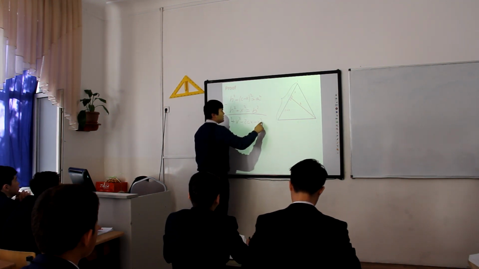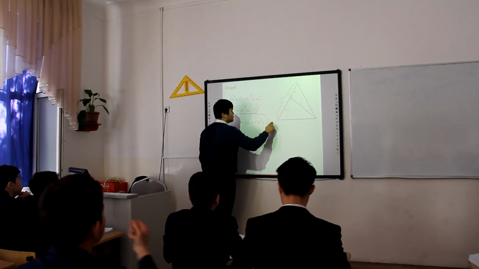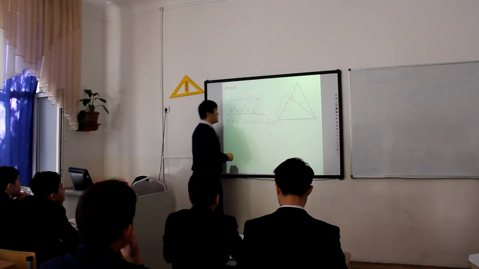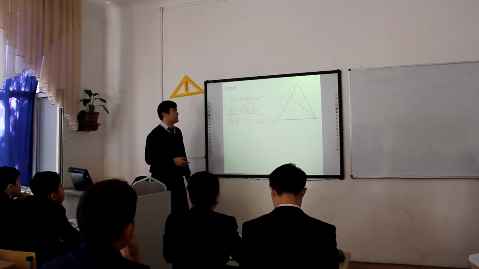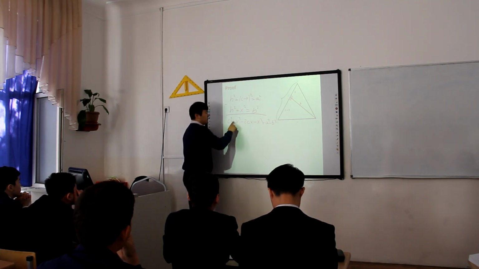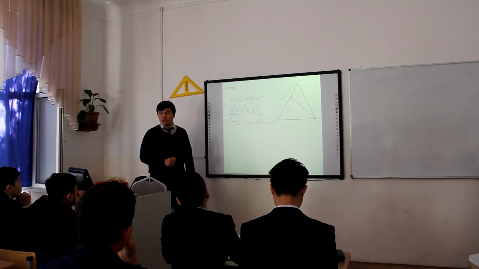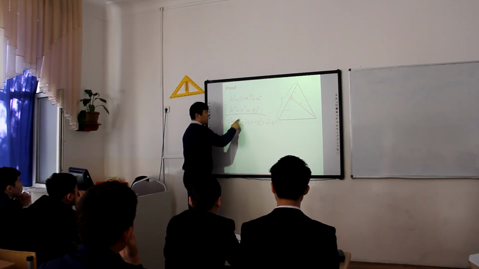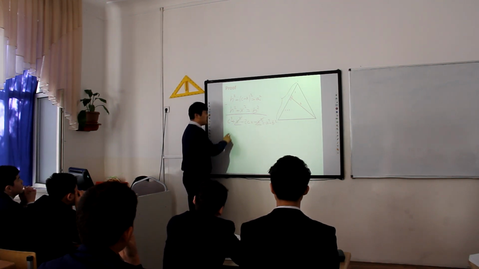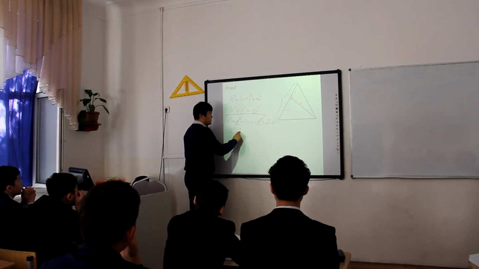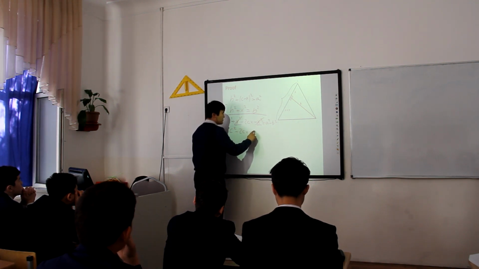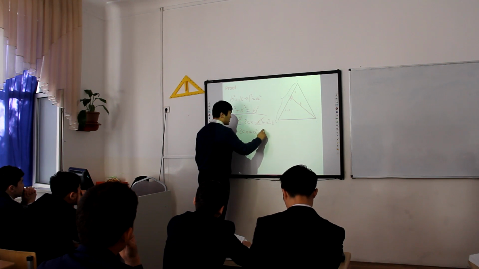Then it is equal to a squared minus b squared. It's clear that we can cancel these two x squared terms. Then c squared minus 2cx is equal to a squared minus b squared.